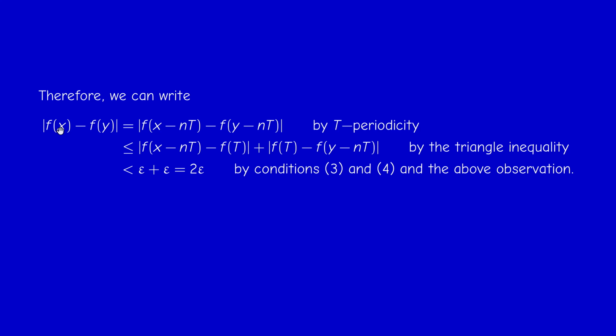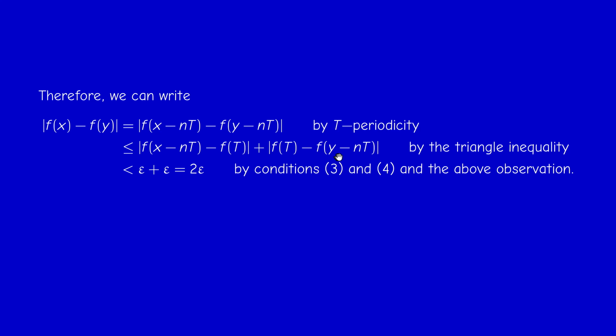If I consider f of x minus f of y, by periodicity, f of x is equal to f of x minus nt, and f of y is equal to f of y minus nt. Now I just add and subtract f of t, and I apply the triangle inequality. Now, x minus nt and t are both in the same interval, which is 0t, and the distance between them is less than delta. So the distance between their images is less than epsilon.